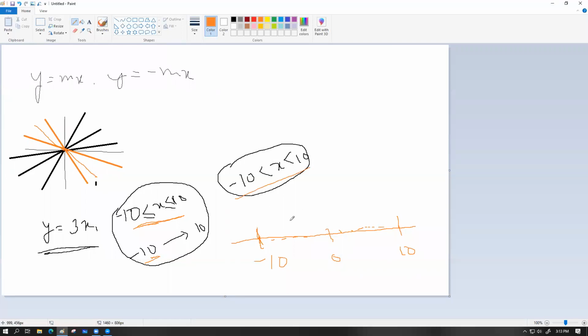Whereas this one means x will always be bigger than minus 10. Now the word bigger means it should be bigger. It can be minutely bigger than that. For example, let's say minus 9.999999999. That number is definitely slightly bigger than minus 10. That can be a value of x, but x will never reach that exact value of minus 10.